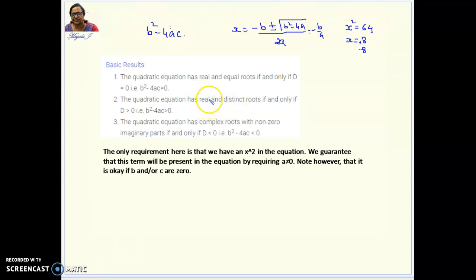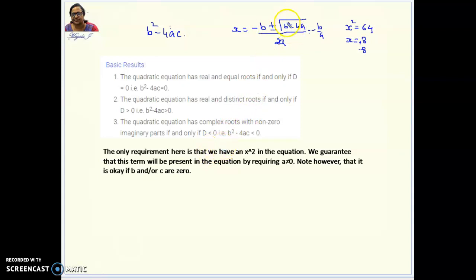If b square minus 4ac is greater than 0, then the root definitely exists, and you will have two different values. Sometimes the result may be something like 4, and the root of 4 is 2, so that becomes real.